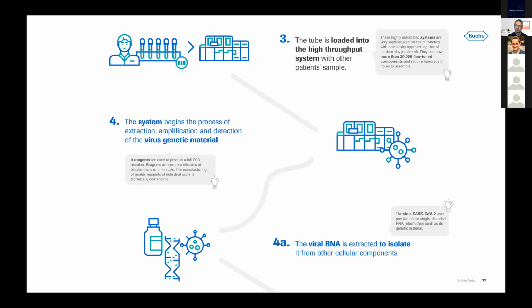The system will process the assay, and reagents will be applied to it to determine whether or not the virus exists. And really where I come in is this process, steps 3, 4, and 4.